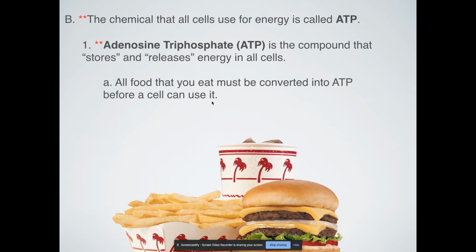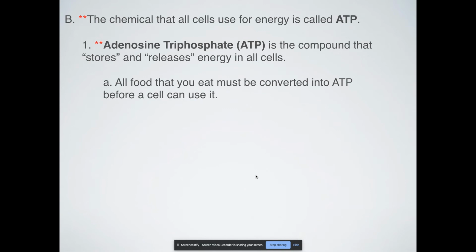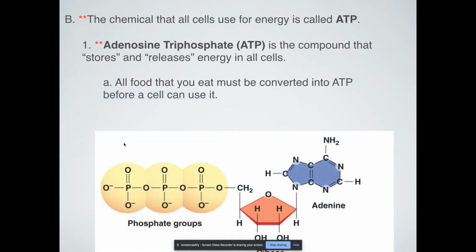So for example, let's say I got my double-double, I've got my fries, and I've got my drink. Your body's gonna have to break that apart and then turn it into ATP. So the A part, adenine, that's where the adeno part comes from. Triphosphate, tri means three, right? So we have three phosphates. That kind of makes sense.